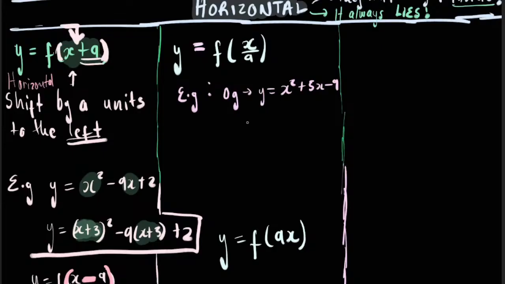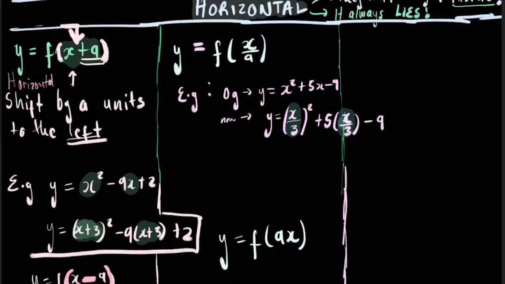The new one is y equal to (x over 3) squared plus 5 times (x over 3) minus 9. They can go ahead and simplify it, but what you see is every single place where there was x will change, and it is being divided by a constant. That's a stretch.